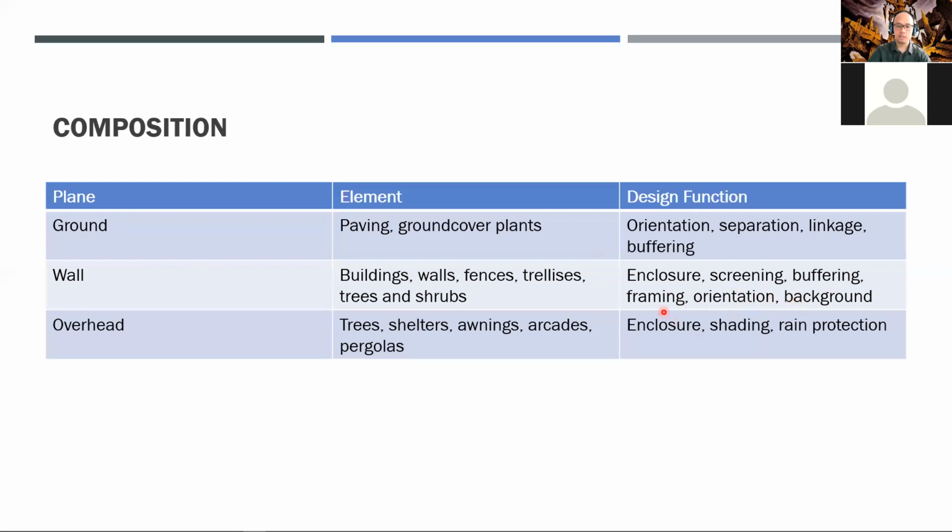They can serve as a framing tool. They can also help orientate and provide a background. Overhead planes could be tree canopies, shelters, awnings, arcades maybe, and pergolas. They can provide an enclosure, they can provide shading, and up to a certain extent, rain protection.